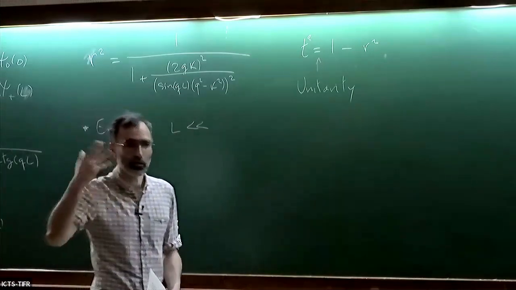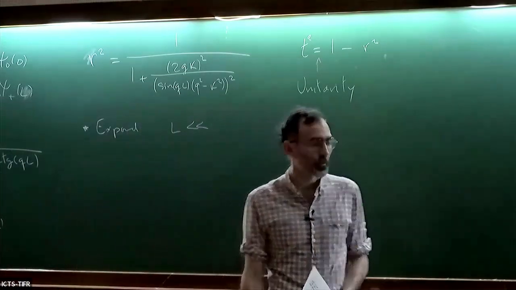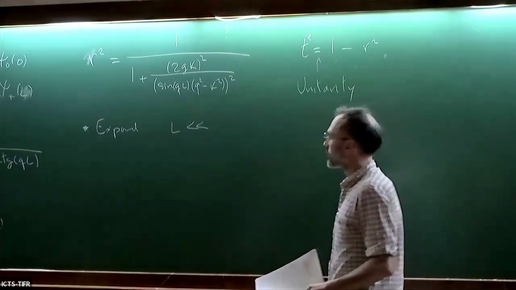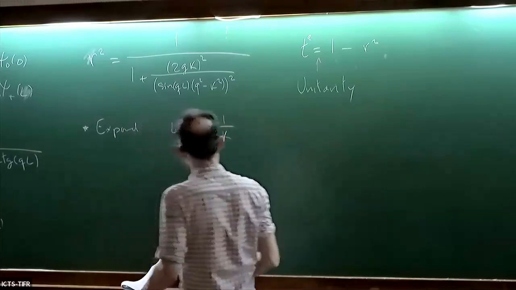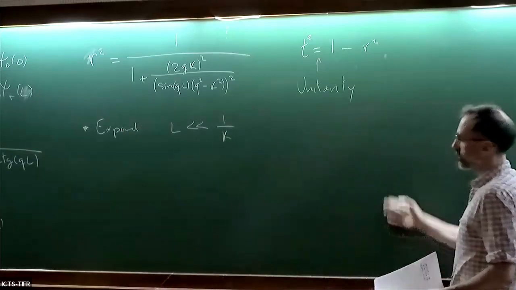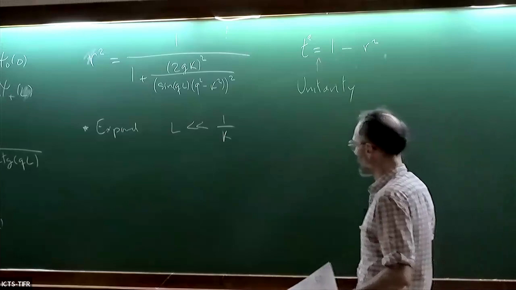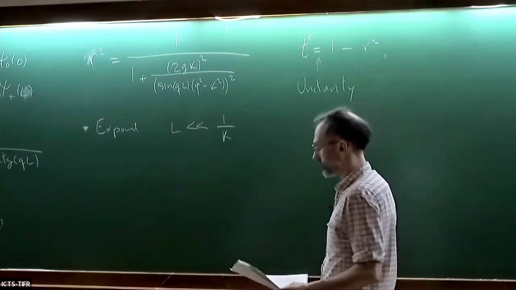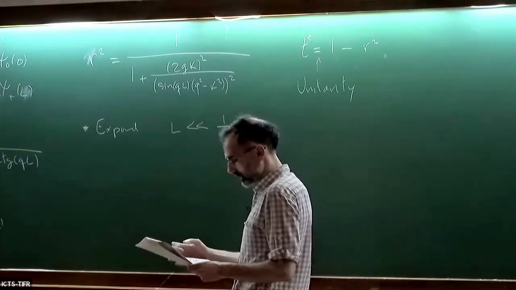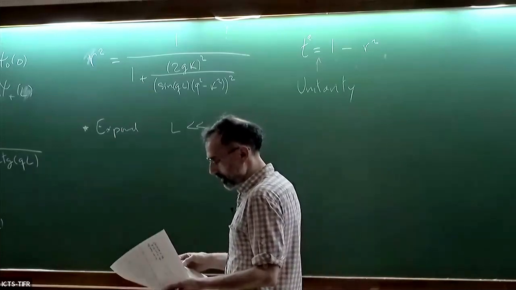Remember, K in these natural units has the dimensions of 1 over length. So we want L to be much smaller than 1 over K. You can put it the other way around and say that K will be much smaller than 1 over L, with some very complicated algebra to derive that.